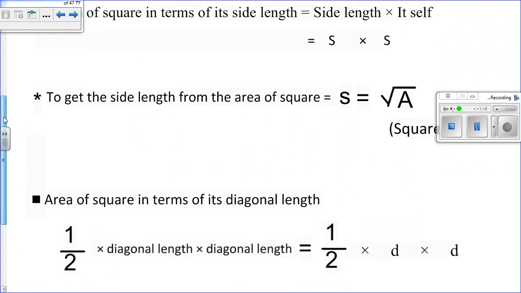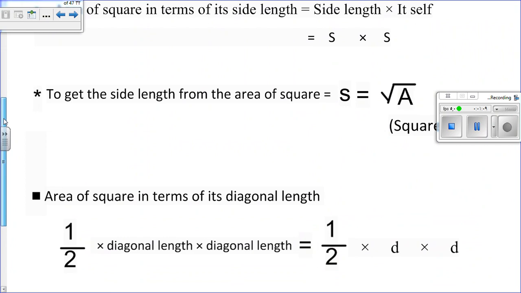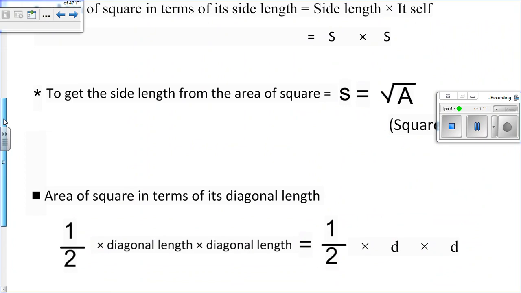Here we have another rule, area of a square in terms of its diagonal length. It's our new rule for Primary 5. What is the rule now? Area of a square in terms of its diagonal equals half by diagonal length by diagonal length.